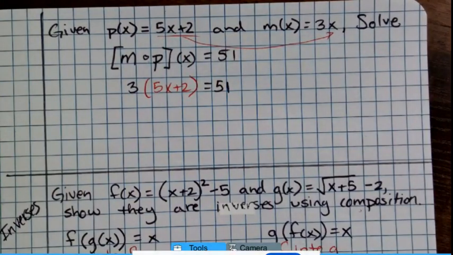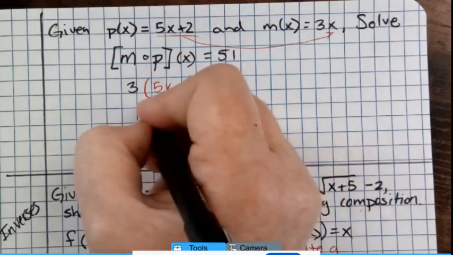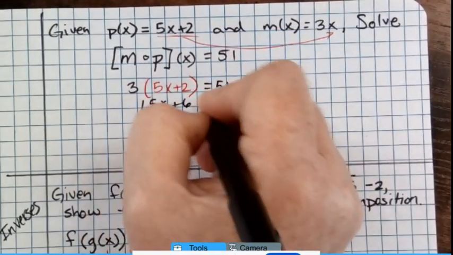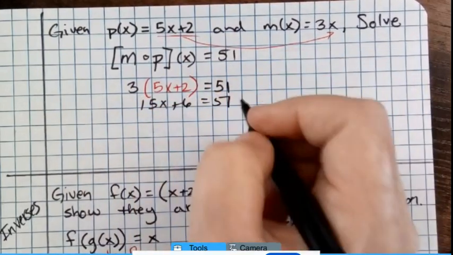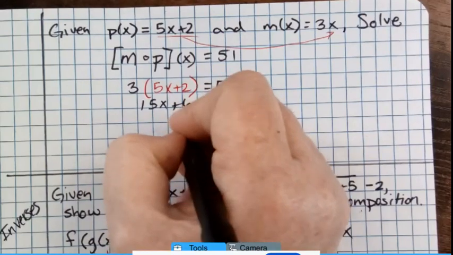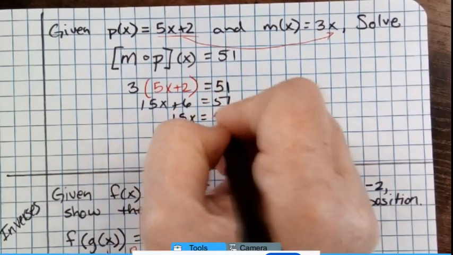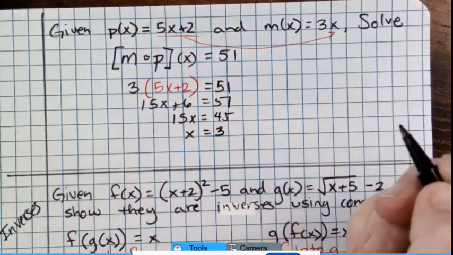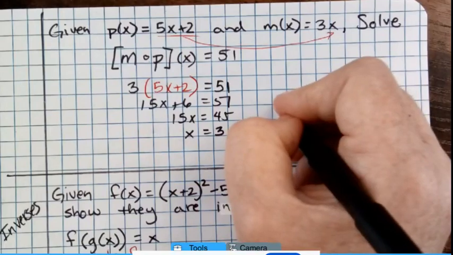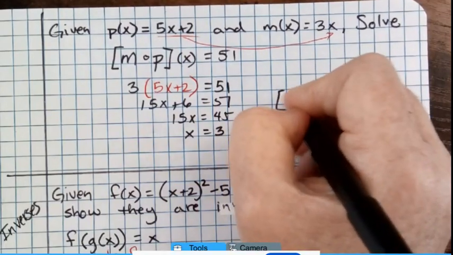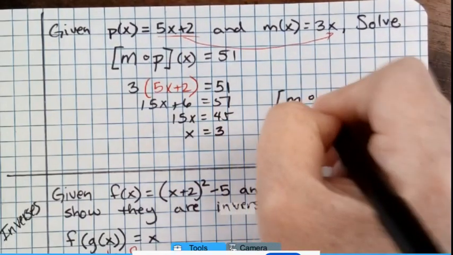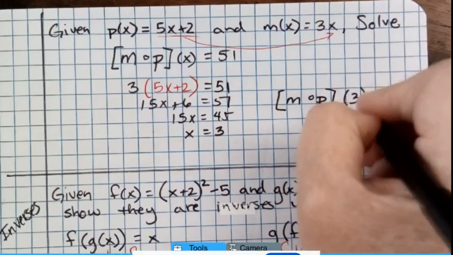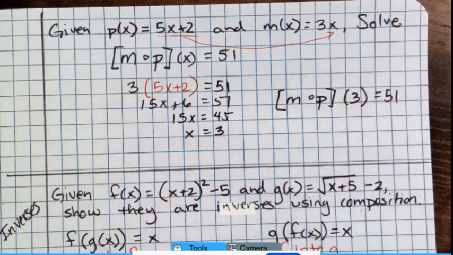And now you would just solve for x. So we would distribute, which gives us 15x plus 6 is equal to 51. Minus 6 from both sides, so 15x equals 45. Divide by 15, and we find x is equal to 3. So m, little circle, p, of 3 is equal to 51.